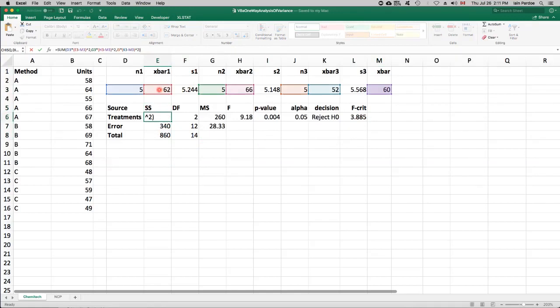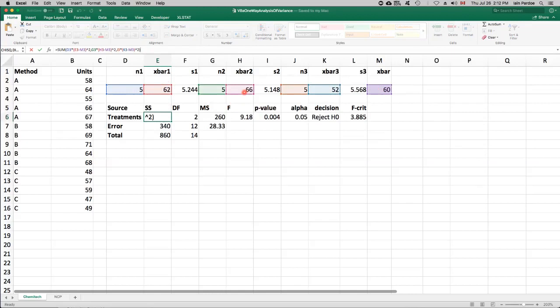So for example, group 1 for method A, 62. Look at the difference between that and the overall mean, 60. Square that difference, and then multiply by the sample size in that group. And then do the same thing for each of the other two groups.